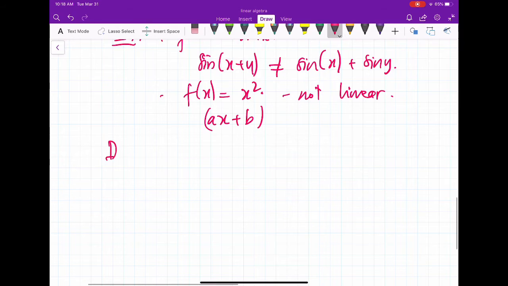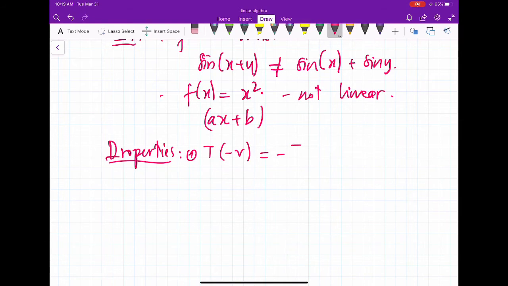Let's consider properties of linear transformation. We have T of negative v, it should be negative Tv. The second one, T of 0 should be 0.